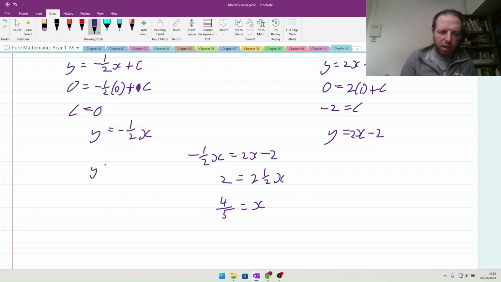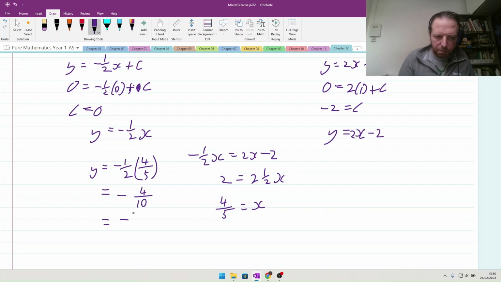We can say that y equals minus a half times 4/5, which gives us minus 4/10, which is minus 2/5. And so the point of intersection is 4/5, comma, minus 2/5.